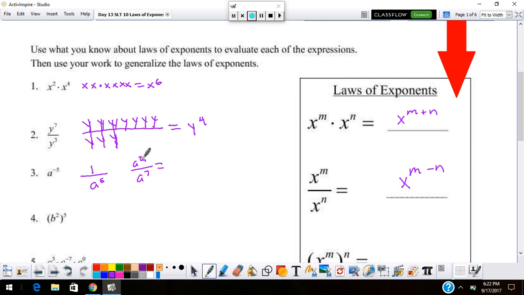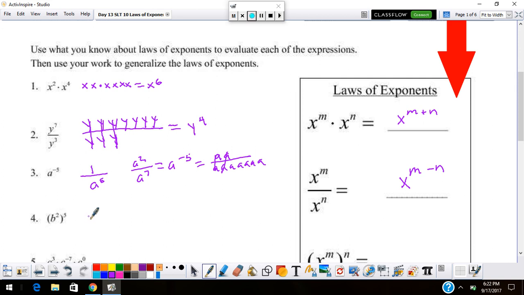If we did 2 minus 7, we would have negative 5, and that's because when I cancel them out, I'd have 1, 2, 3, 4, 5, 6, 7, boom, boom, and these 5 are left in the denominator, so that is why a to the negative 5 is 1 over a to the fifth.